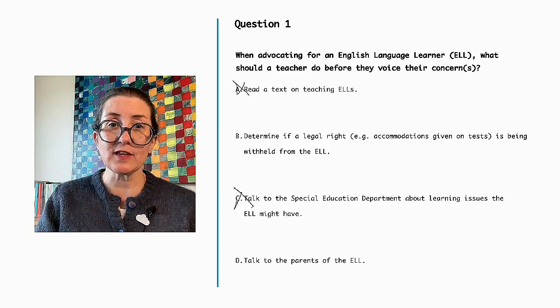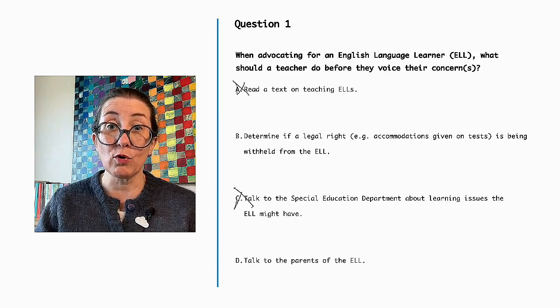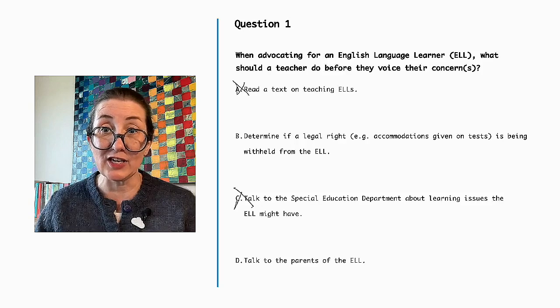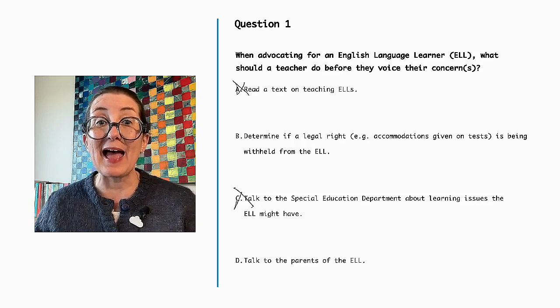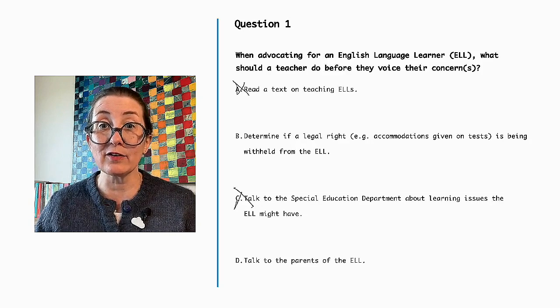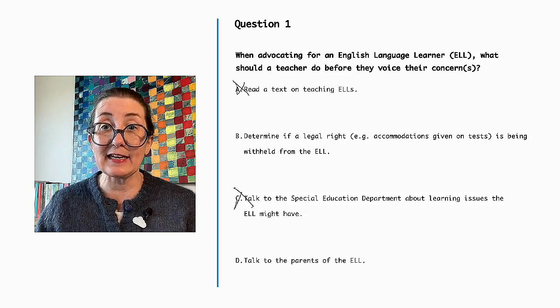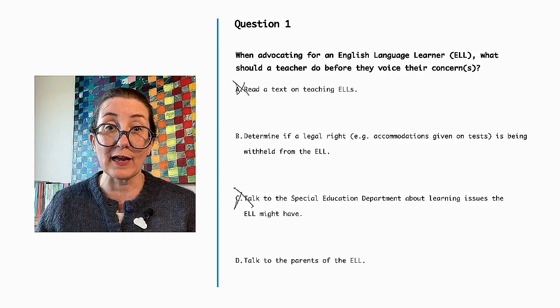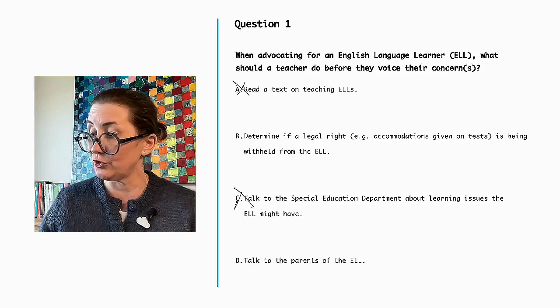Talking to the parents of the English language learner is important for maintaining communication, but it should come after the teacher has a clear understanding of any legal obligations or rights that may be at issue.